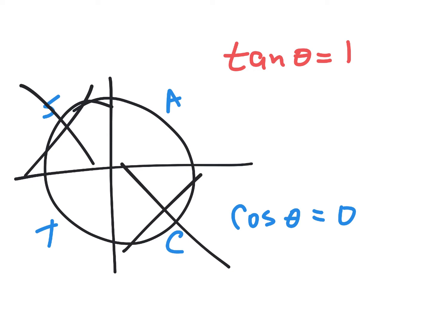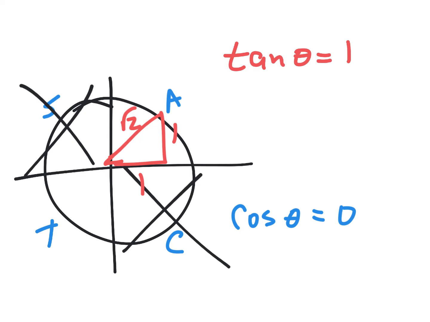Okay, tangent's positive in A and T, which is quadrant 1 and quadrant 3. And then, where'd you draw it? I drew an A. Okay, so if I draw it in A, then how do you put your little sides on it? Tangent is TOA, opposite over adjacent, so it'd be 1 over 1, and this is root 2, and then you probably by now know what type of triangle this is.